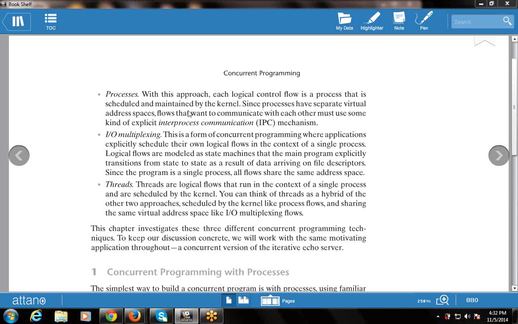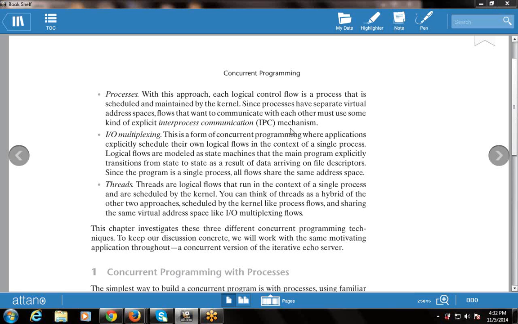Since processes have separate virtual address spaces, flows that want to communicate with each other must use some kind of explicit inter-process communication mechanism. That is, processes use IPC whenever there is concurrency with multiple processes.